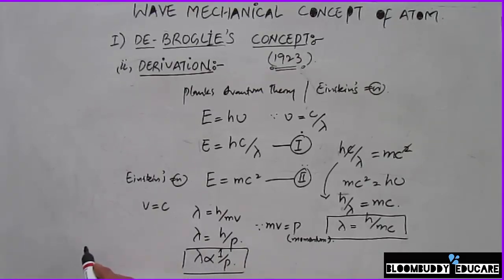Or in simpler terms, the wave nature is inversely proportional to the particle nature. So this becomes de Broglie's derivation for the wave mechanical concept of an atom. This de Broglie relation implies that the wavelength of a particle should decrease as its velocity increases.